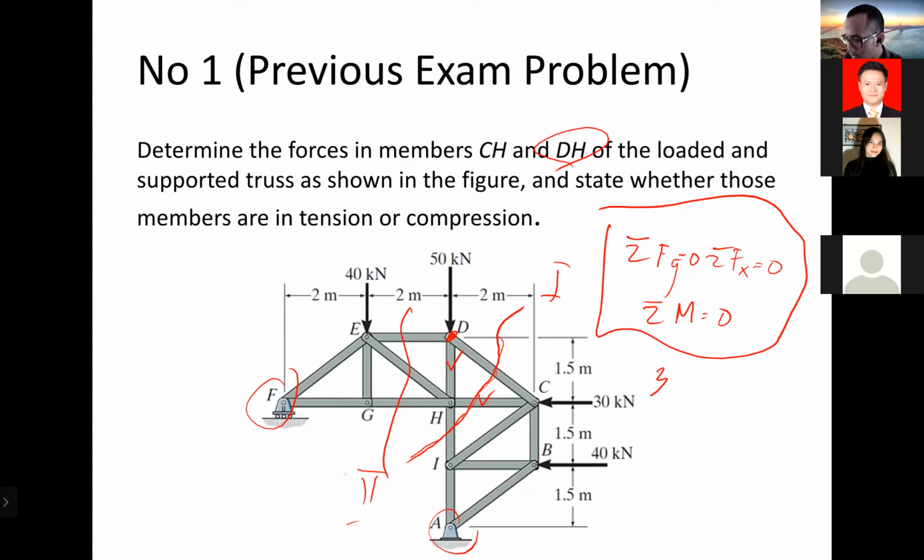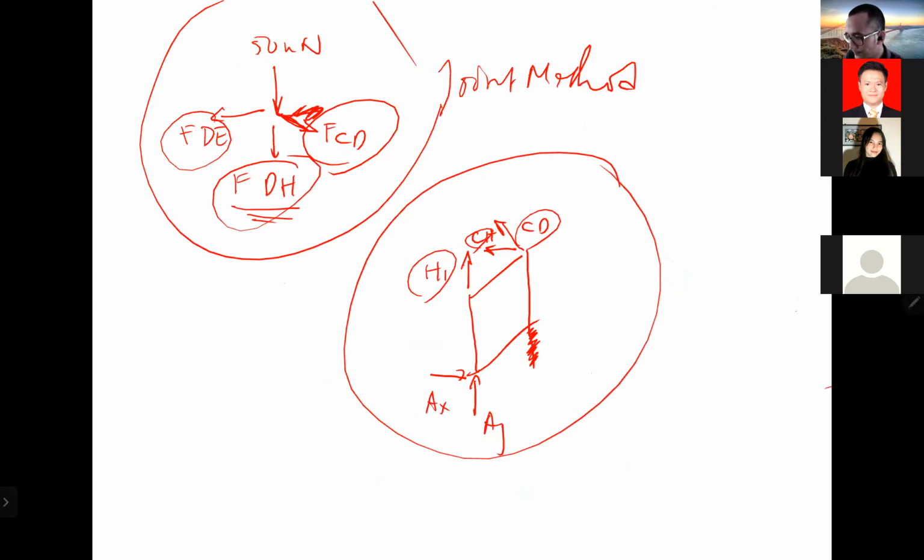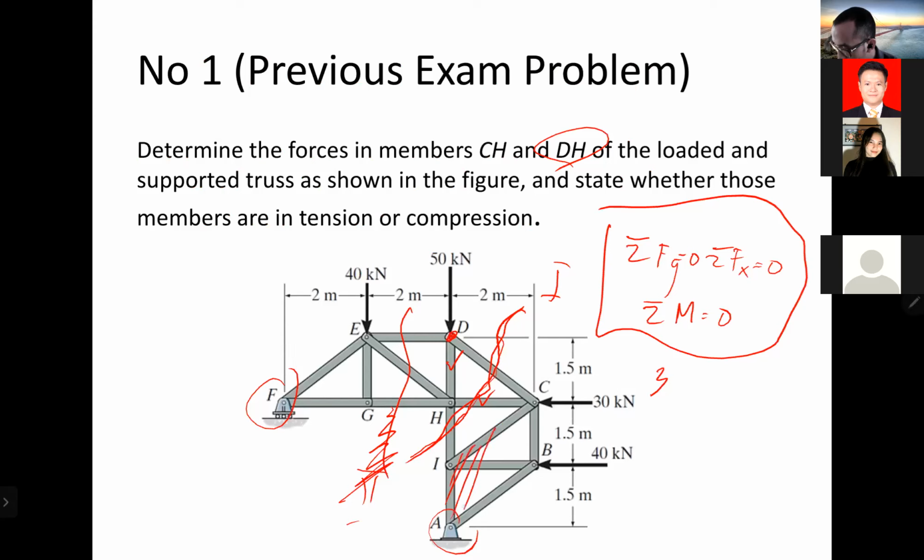So for example, using our first cut just now, the right side of the free body diagram is like this. You can see that there is some kind of rigidity there. And we know that this particular structure is rigid because that one represents this, right?